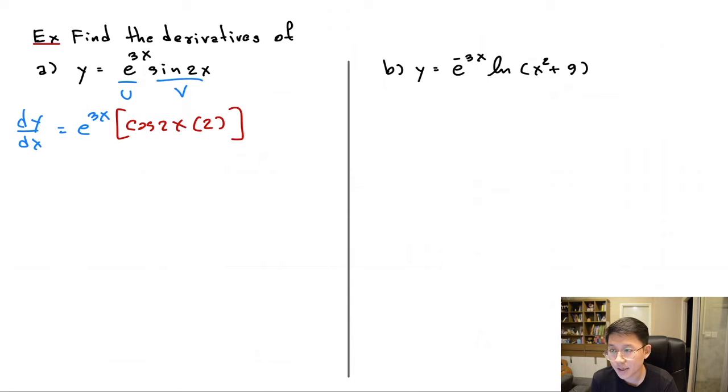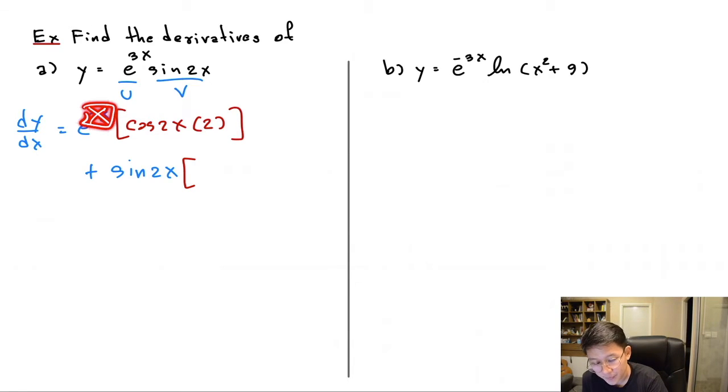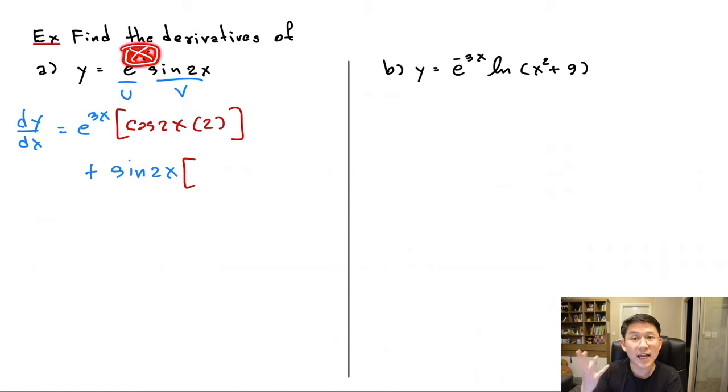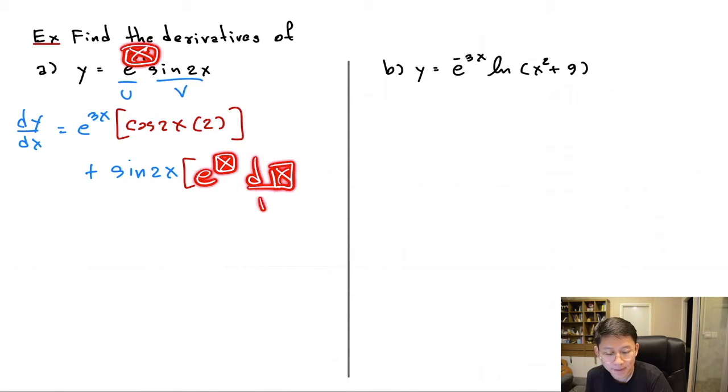U dv. And then you plus v which is sine 2x. du is e to the x, right? Derivative of e to the x is e to the x, and then you d this by dx.